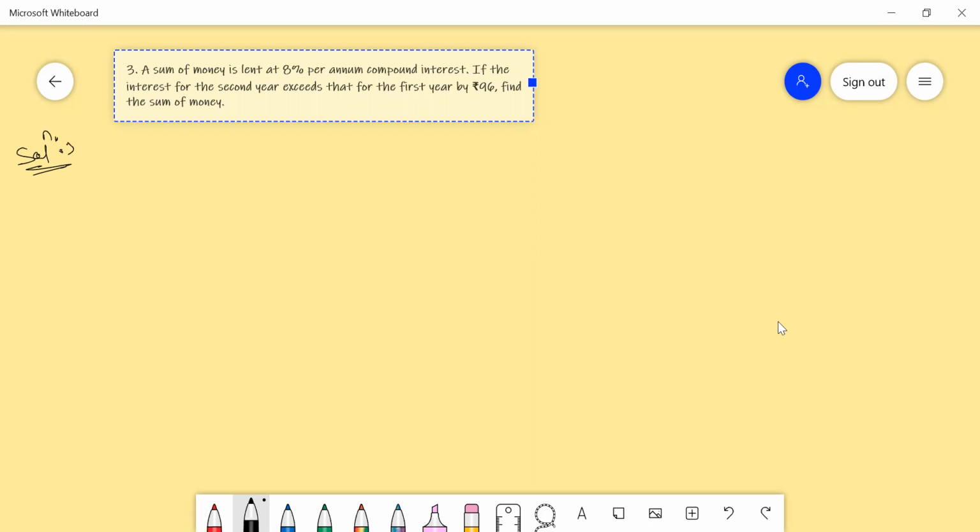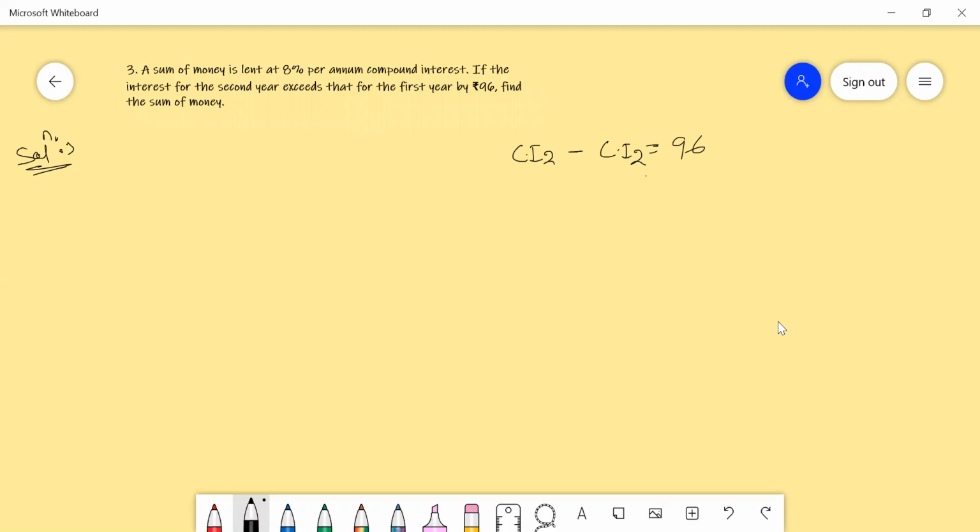If the interest for the second year exceeds that for the first year by 96 rupees, find the sum of money. You are given here CI2, compound interest for second year, exceeds the first year, CI1, by 96.